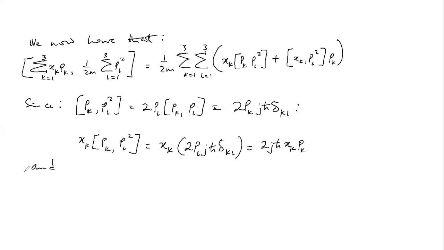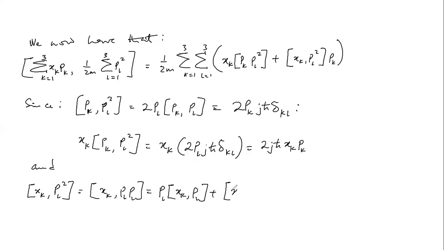And then we now have that S_k, p_l squared is the same as S_k, p_l, which will be the same as p_l, S_k, p_l, plus S_k, p_l, will be the same as p_l, jħ δ_kl, plus jħ δ_kl p_l.